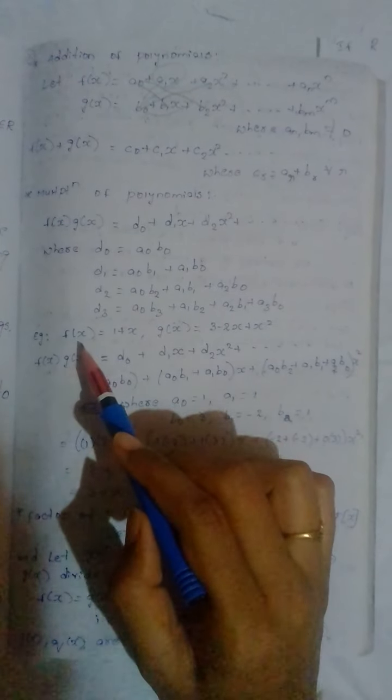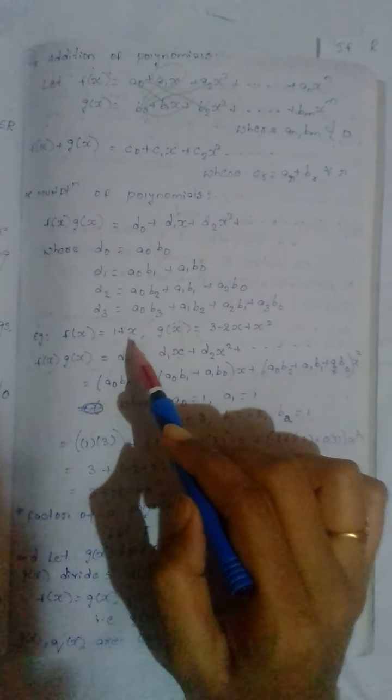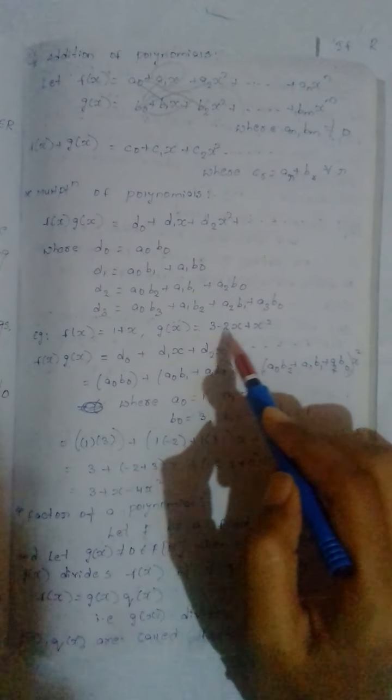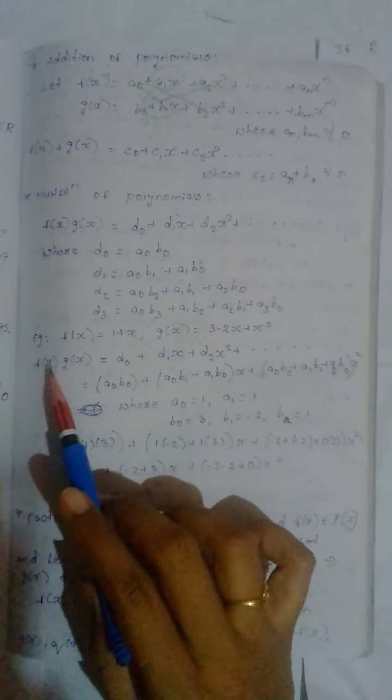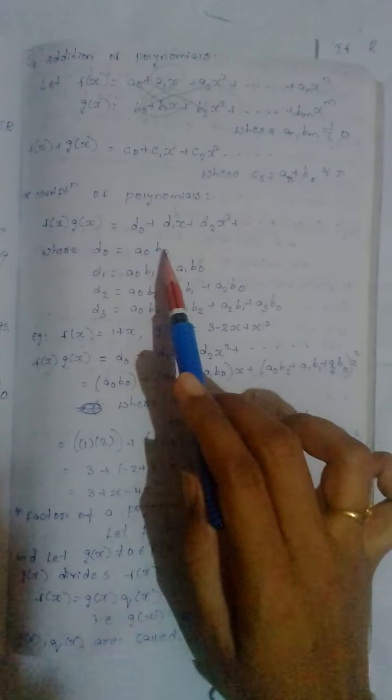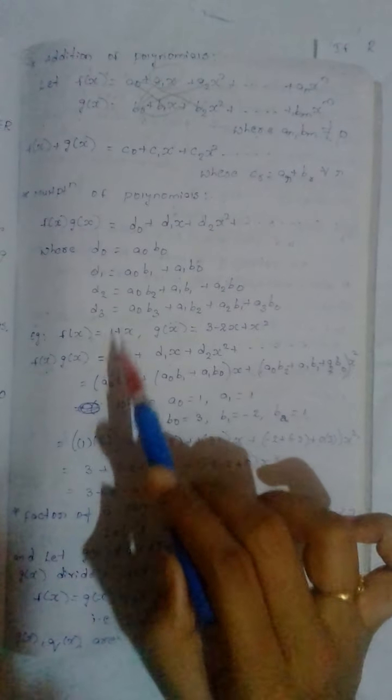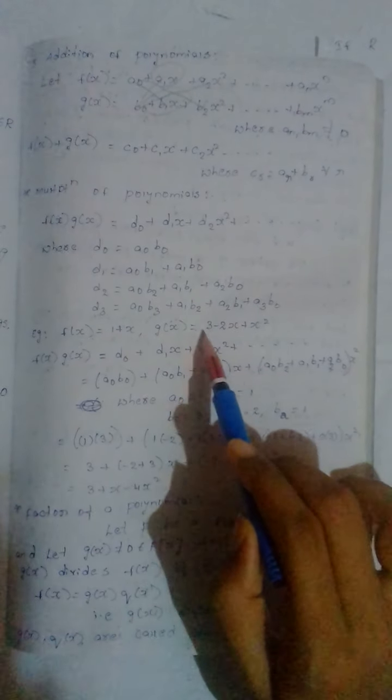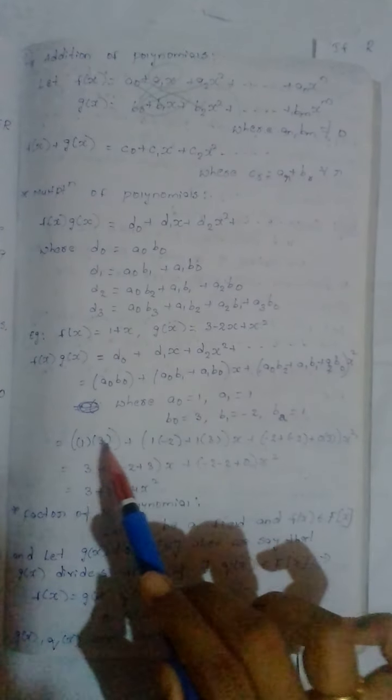For example, we are taking f of x equals 1 plus x and g of x equals 3 minus 2x plus x square. Now multiplication f of x into g of x, using the formula. Now d naught is nothing but a naught b naught, where a naught is 1 and b naught is 3, so 1 into 3.